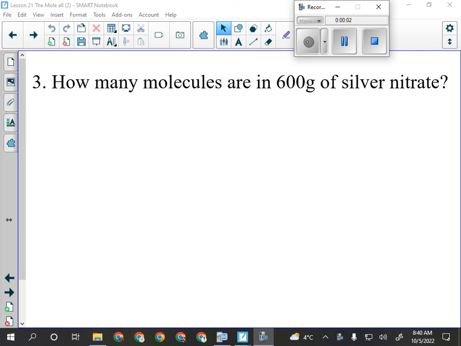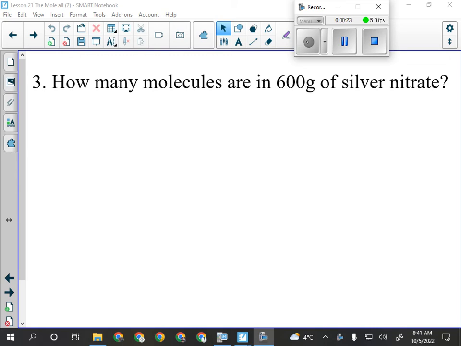So yesterday we went over the mole and the mole equation. Okay, so just a quick review. A mole is a unit of measurement that gives us an idea of how many particles there could be present in a given sample of a material.